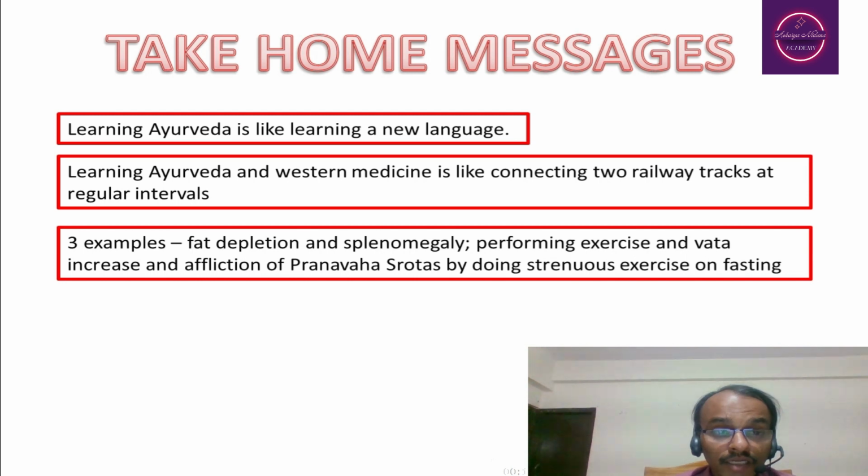And learning Ayurveda and Western medicine is like connecting two railway tracks at regular intervals. Three different examples were discussed today: fat depletion and splenomegaly, performing exercise and its relation with vata increase, and lastly the affliction of pranavahasrotas by doing strenuous exercise, specifically during fasting.